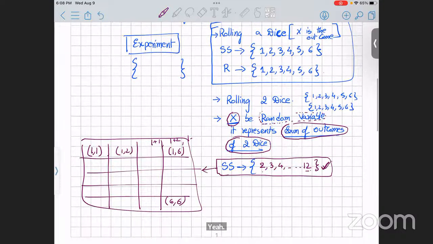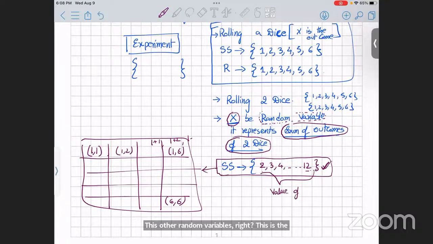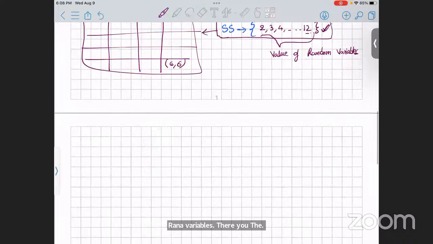These are the values of random variables. Simply for better understanding, I will give you a summary.